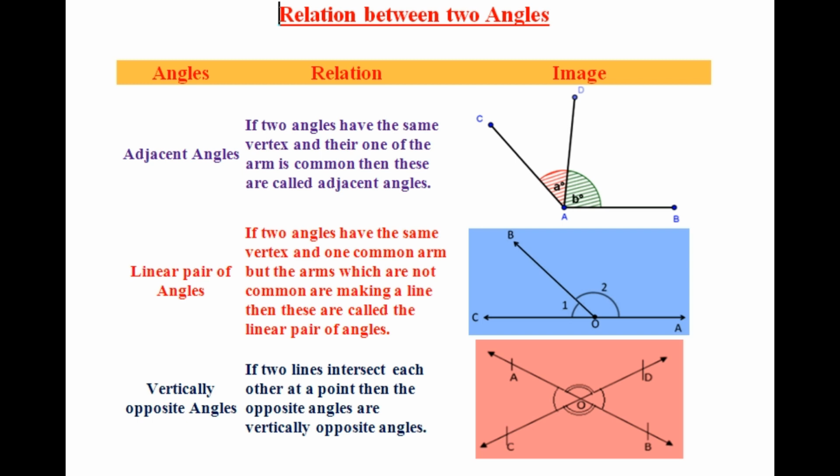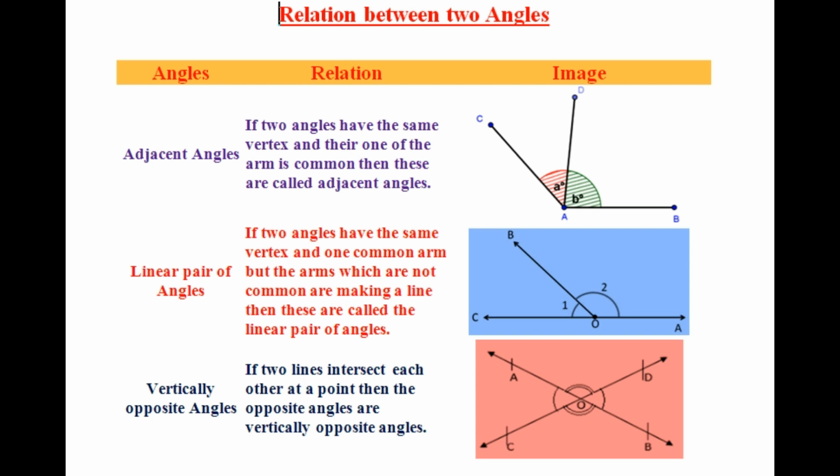Just like adjacent angles, you get a linear pair when you have a straight line, and if one common arm is there, two angles are formed. The two angles 1 and 2 are called linear pair of angles.